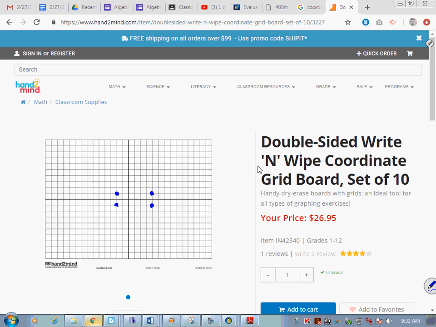The next thing that I need to graph is the line of reflection. The line of reflection is y equals -2. Okay? Y equals -2 is what kind of line? Is it horizontal or vertical?